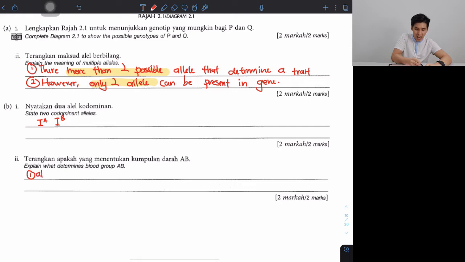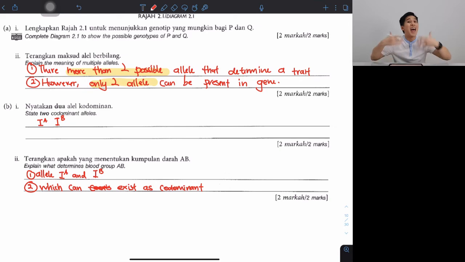You can say the alleles IA and IB, which can exist as codominant. Codominant means they can both be dominant at the same time and both show their characteristics. Good. So write this down.